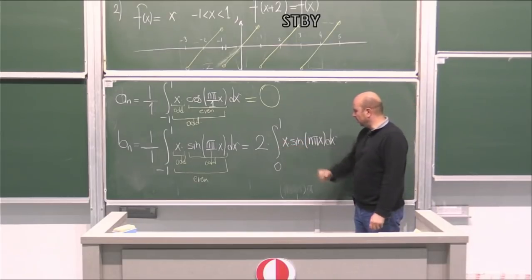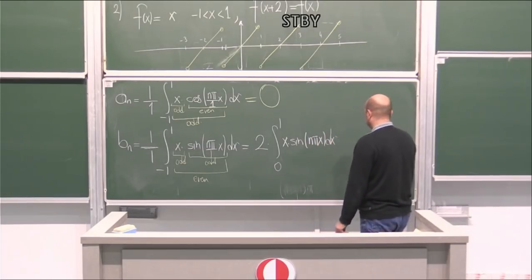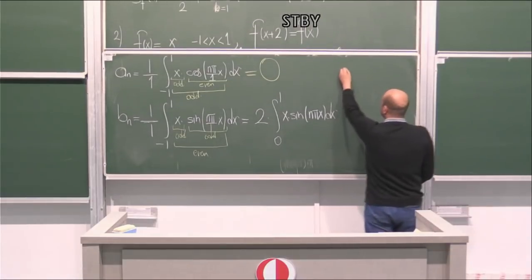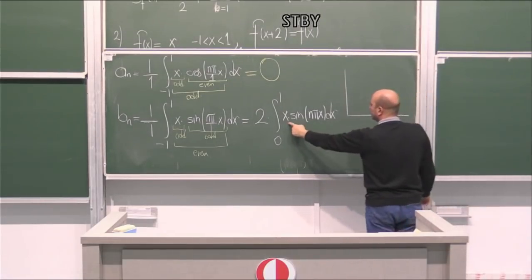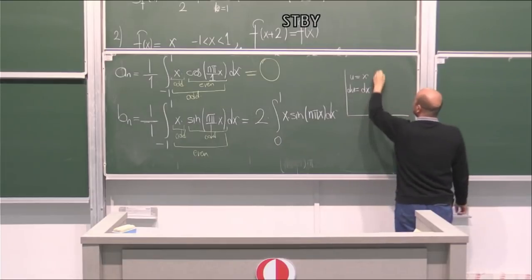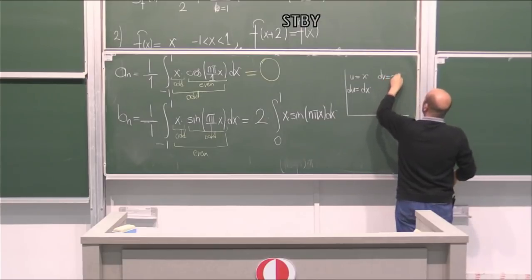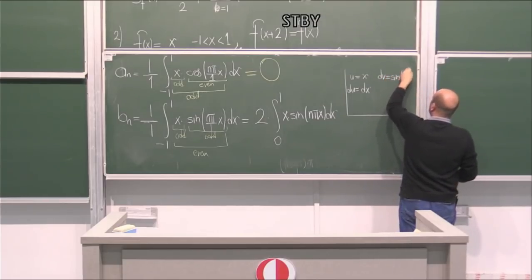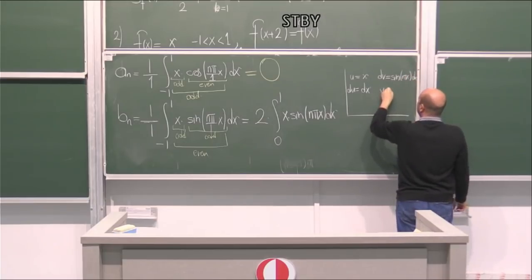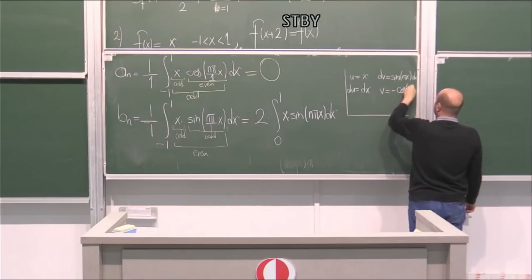This is a polynomial times a trigonometric function, so we have to use integration by parts. Polynomials come first, so u is equal to x, and du is automatically dx. dv is equal to sine n pi x dx, so v is equal to negative cosine n pi x divided by n pi.